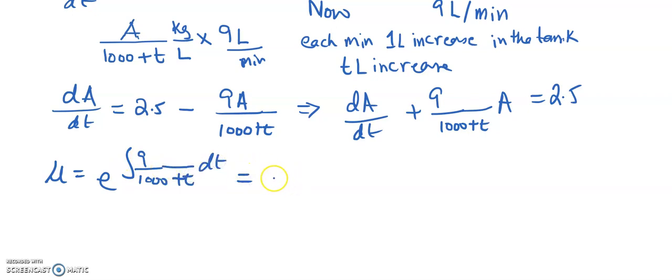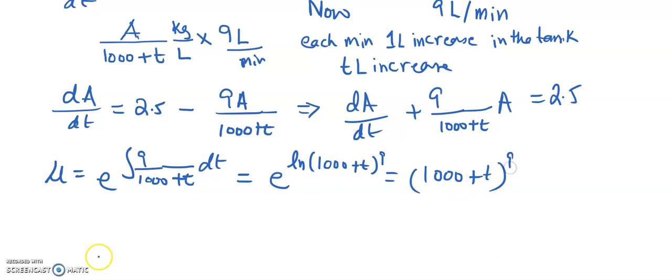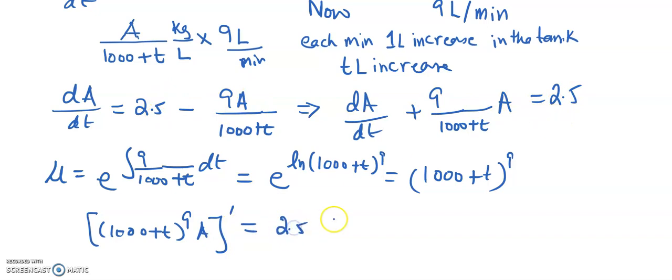So this will be equal to e power log (1000 plus t) power 9, or it will be equal to (1000 plus t) power 9. So we can write (1000 plus t) power 9 times A prime is equal to 2.5 into (1000 plus t) power 9.